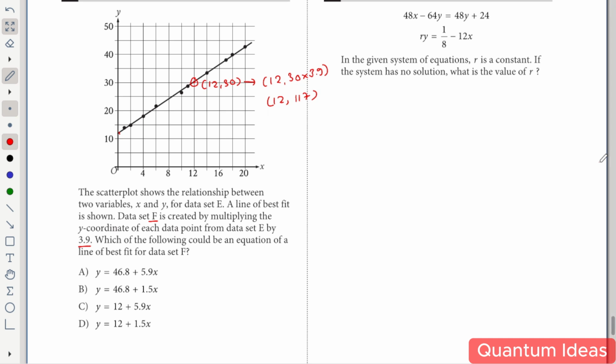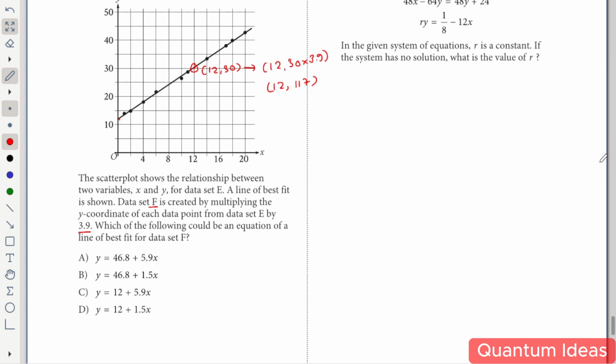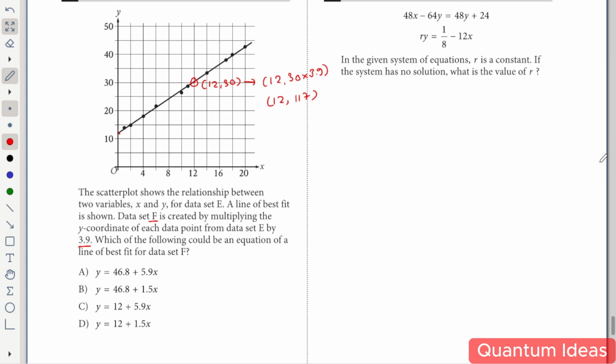If you see, this point will be 2 comma 15, right?